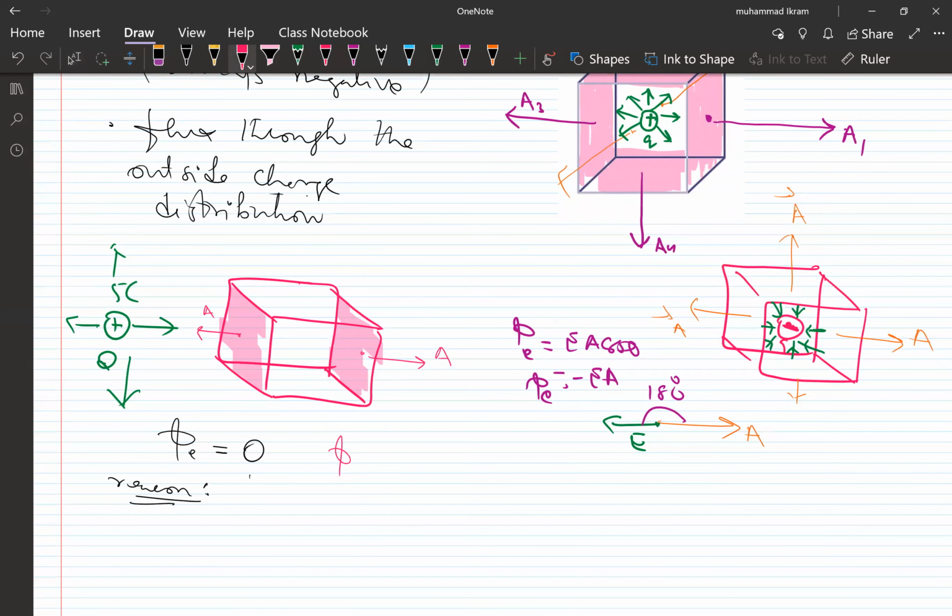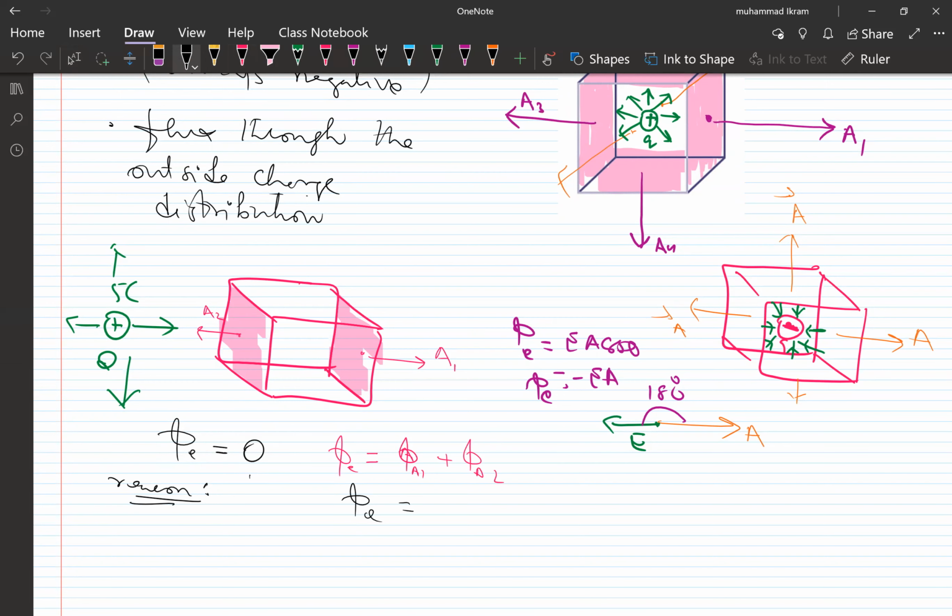So what is the total electric flux? If I just label that surface A1 and A2, the total electric flux is the electric flux through A1 plus the electric flux through surface A2. These are the same in magnitude, right?